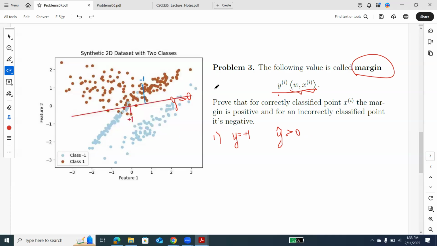So if our point has positive target, and also the distance is positive, the product will be positive. This is the first case. So margin will be positive.